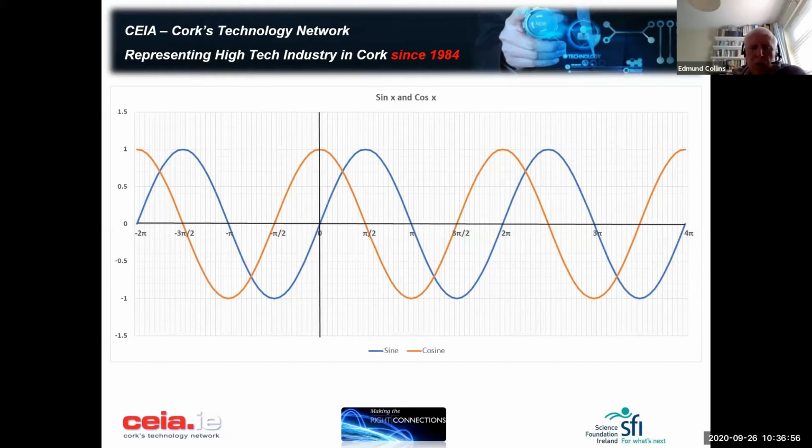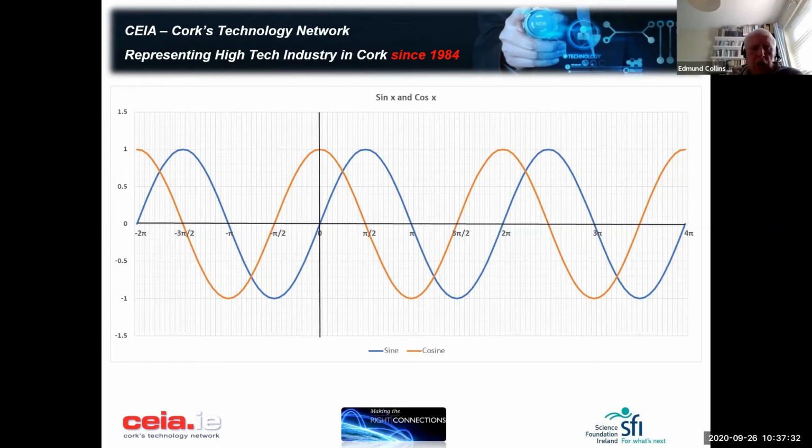So starting at 0, I'm showing pi over 2, pi, 3 pi over 2, 2 pi, and then I just go to 3 pi and so on. But what's interesting here as well is that I've also plotted negative angles: minus pi over 2, minus 3 pi over 2, and minus 2 pi.